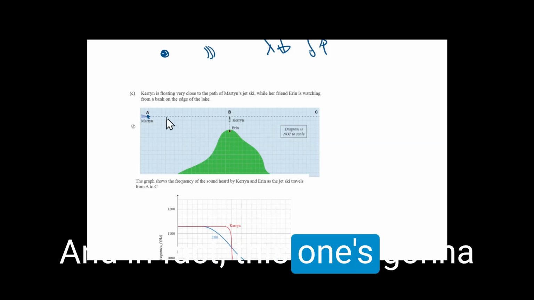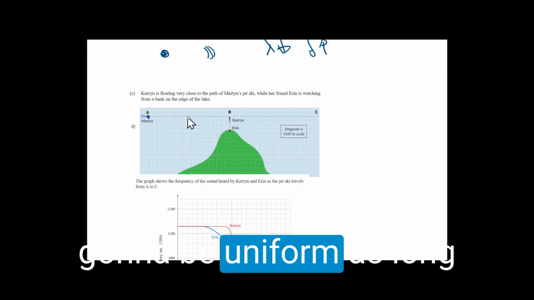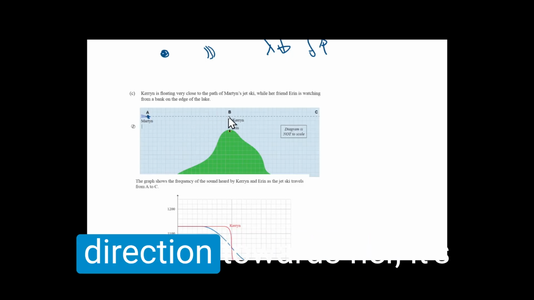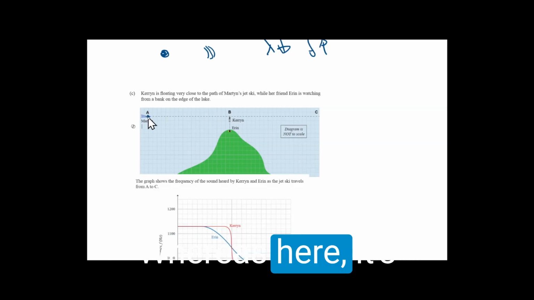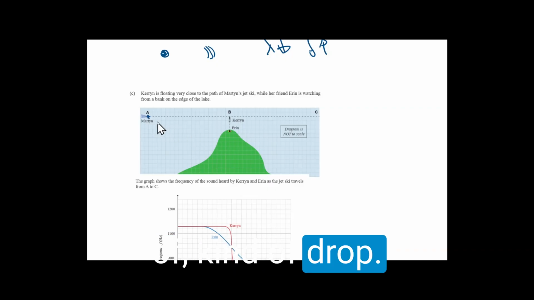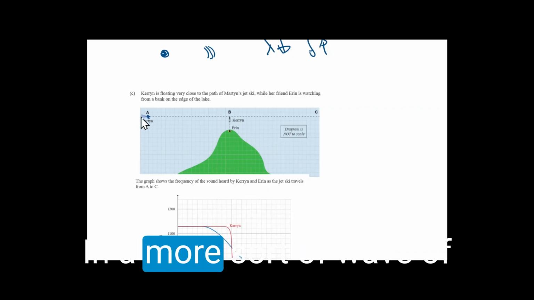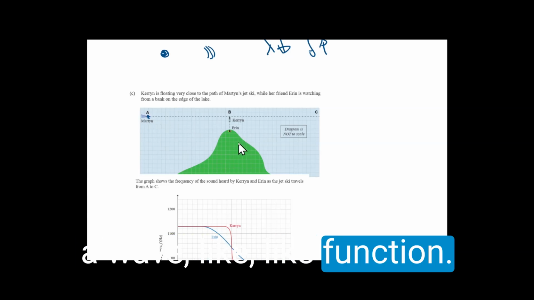And in fact, this one is going to remain the same because the wavelengths are going to be uniform. As long as he's going in the same direction towards her, it's going to have the same tone. Whereas here it's going to be a sine wave, so it's going to drop in more of a wave-like function.